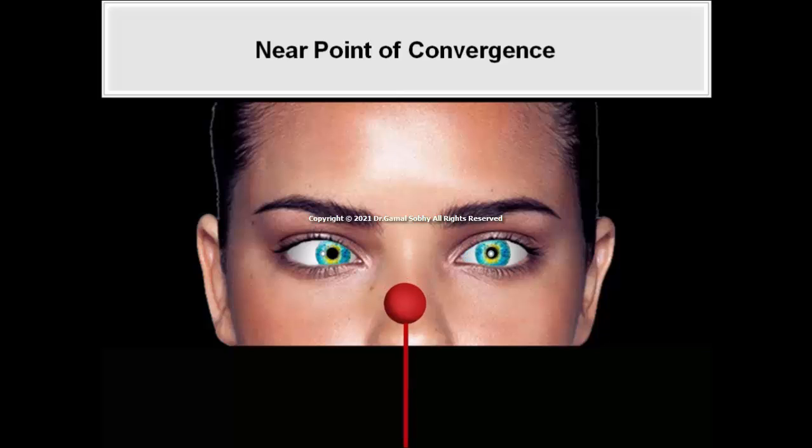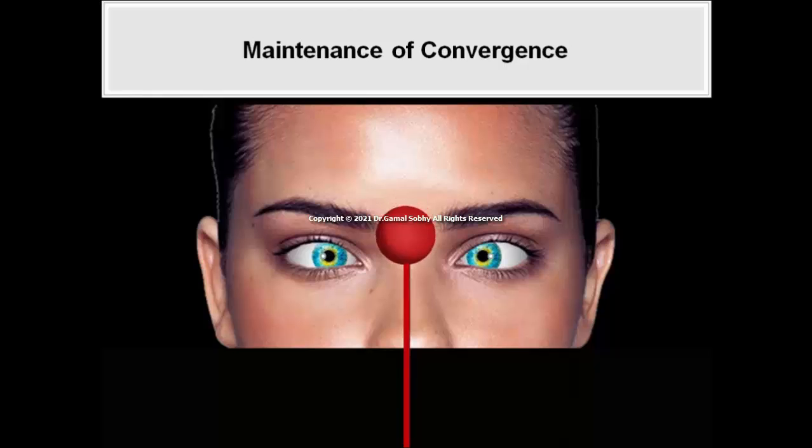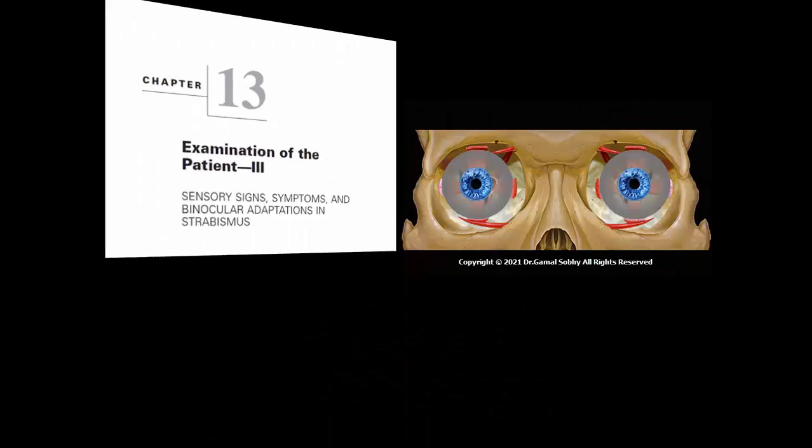The distance at which this occurs is the NPC. After bringing the fixation object into reading distance, ask the patient to maintain convergence after the fixation object is removed. Some patients are able to keep their eyes converged in the absence of a fixation object.